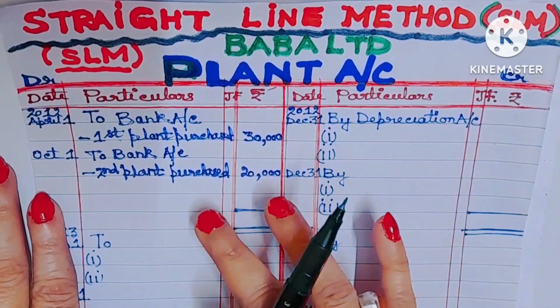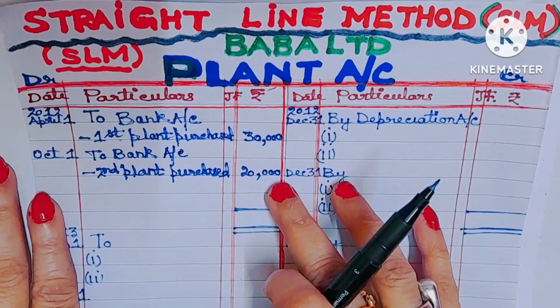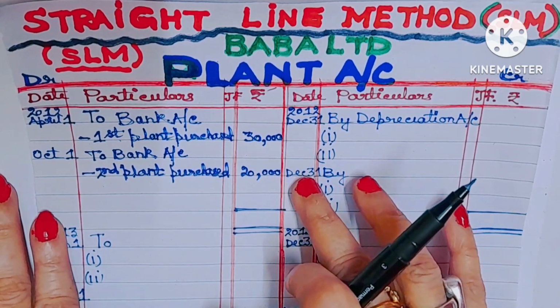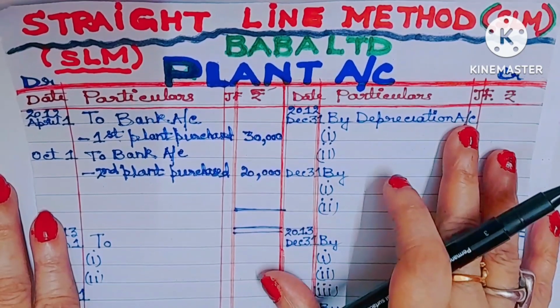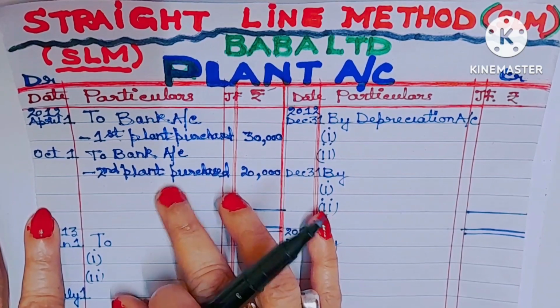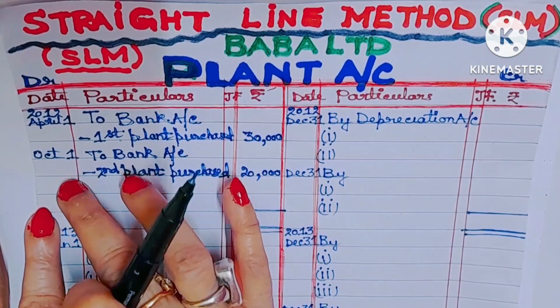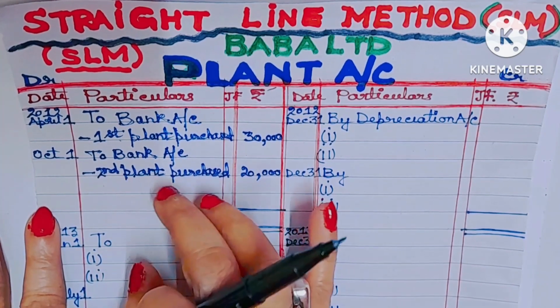Understood? And on the second plant, we have to charge depreciation on rupees 20,000 for 3 months at the rate of 10% per annum under straight line method. Why 3 months? Because the second plant was purchased by Baba Limited on 1st October. So count from October, November, December.